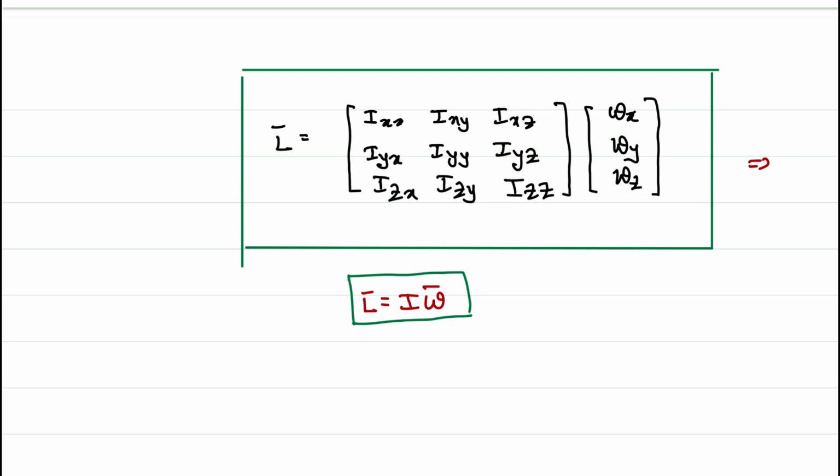Once the moment of inertia tensor is known to you, it will be asked to find out the moment of inertia about a particular axis. Please try to understand. Moment of inertia about a particular axis.